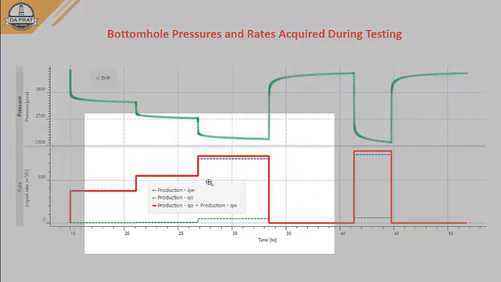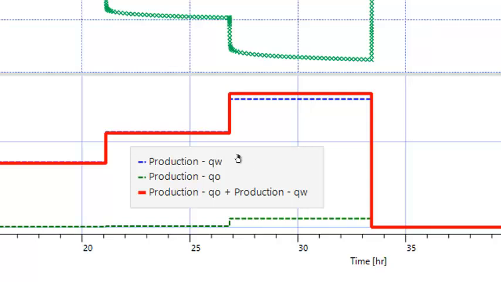So here we have the phases, the production. This is the water production, as you can see, quite high compared to the oil production, which is this one over here. And this is the total production.